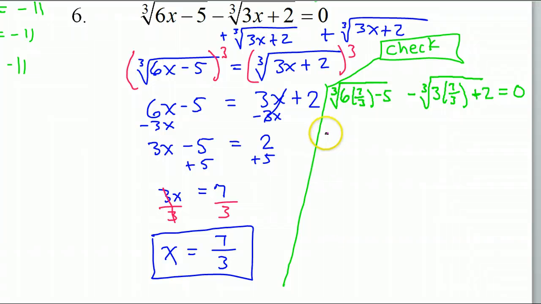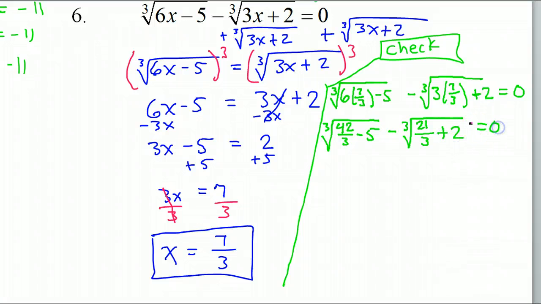So 6 times 7 is 42, so this would be 42 over 3 minus 5. And 3 times 7 is 21, so this would be 21 over 3 plus 2.